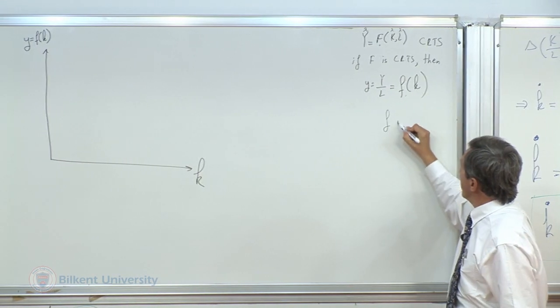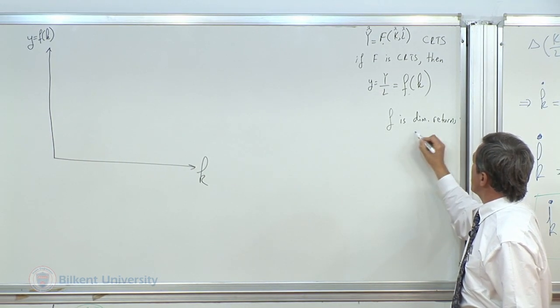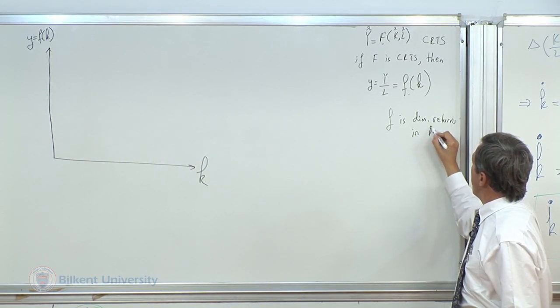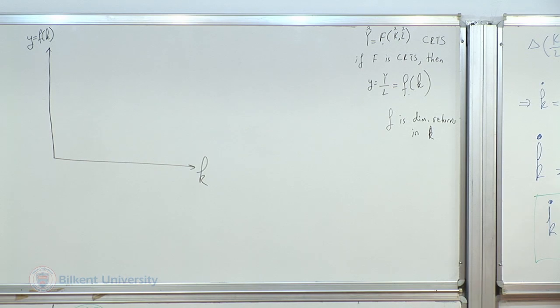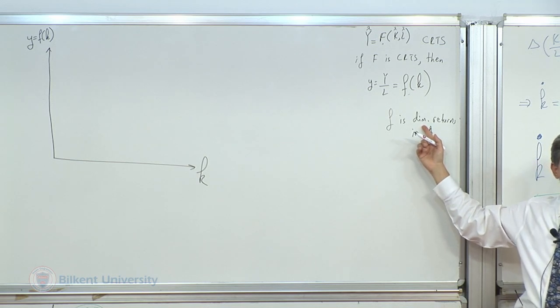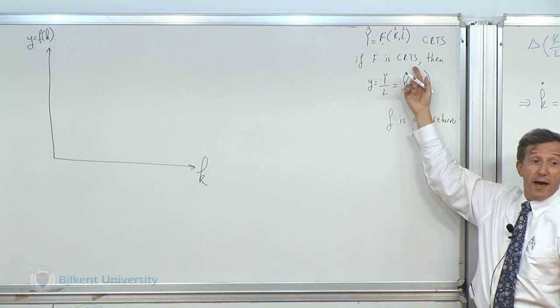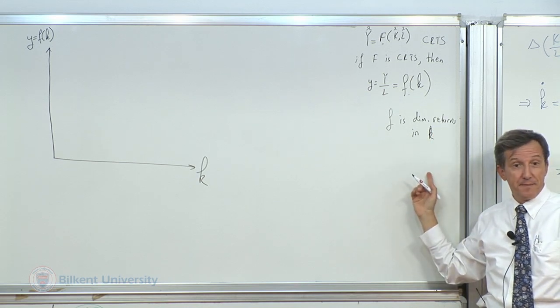F is diminishing returns in K. That is, holding labor constant, increases in capital, that is, increased capital per labor, increasing capital without changing labor, that is in diminishing returns. Constant returns to scale, diminishing returns in capital per labor.